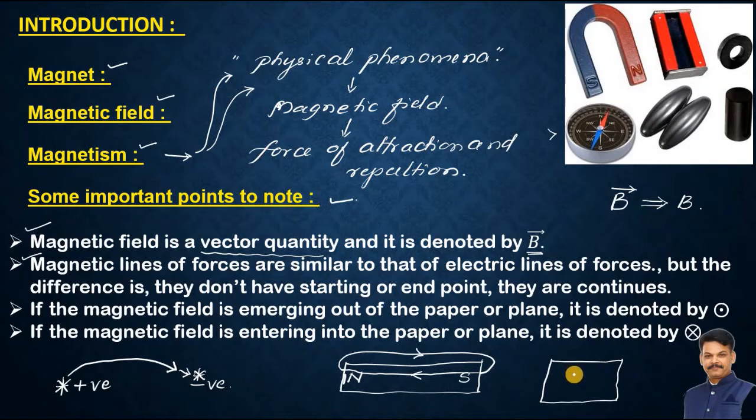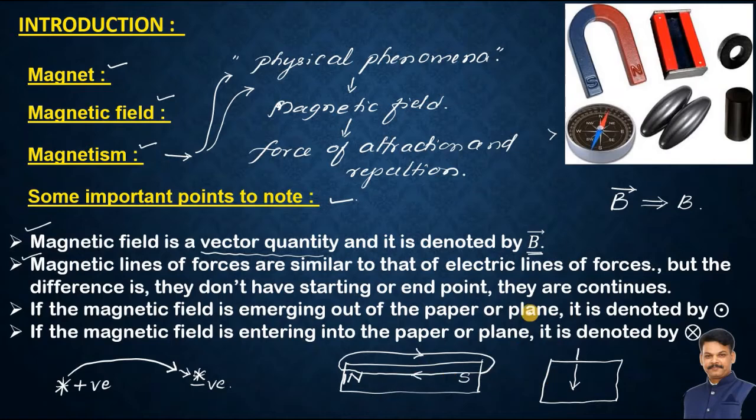Okay, dear students, if some magnetic field lines are emerging out from the plane of the paper, try to understand this. If you are holding a plain paper in front of you, and the magnetic field lines are passing through that paper and reaching towards you, then we can say that the magnetic field lines are coming out of the plane of the paper.